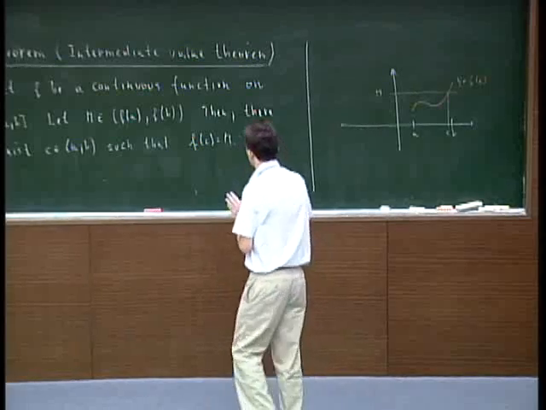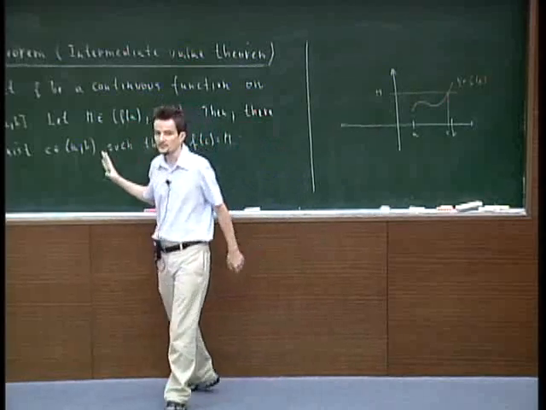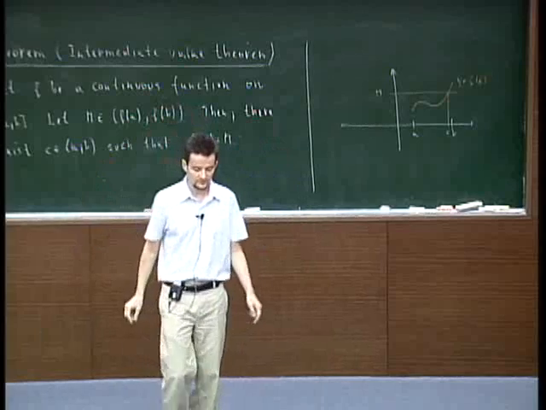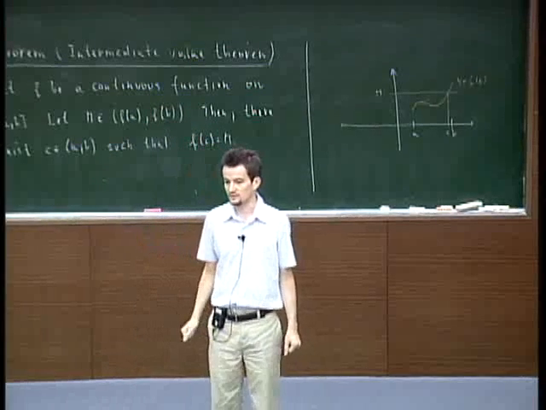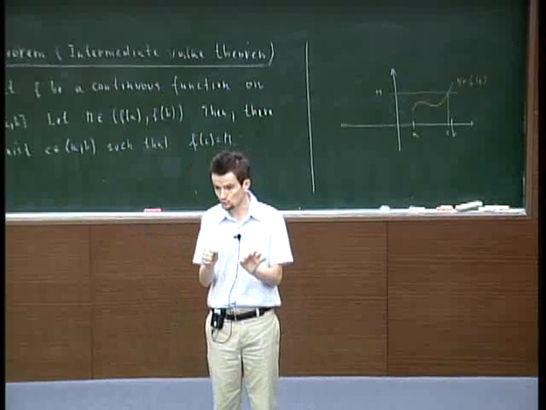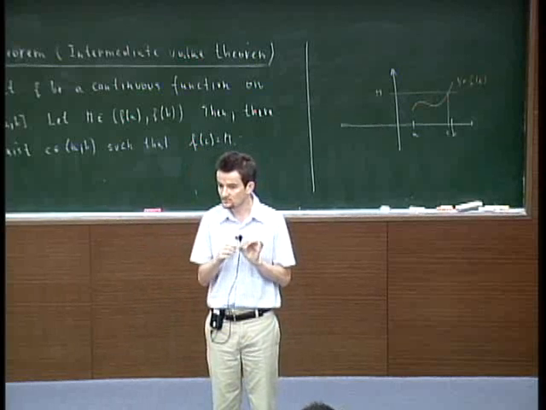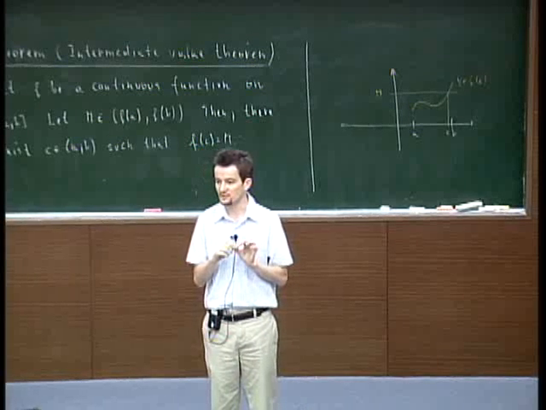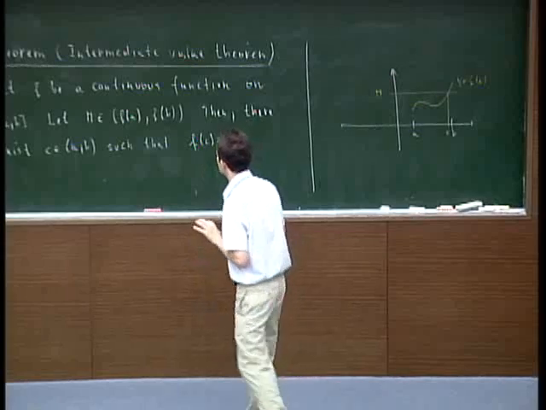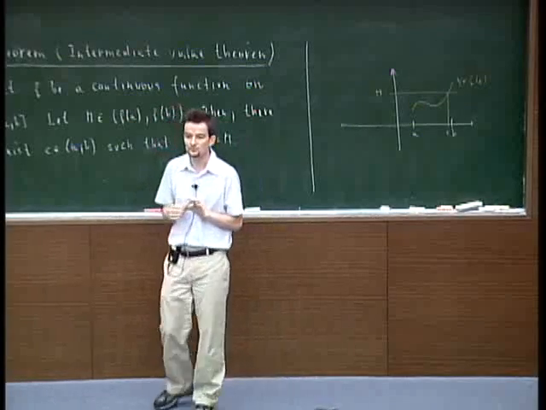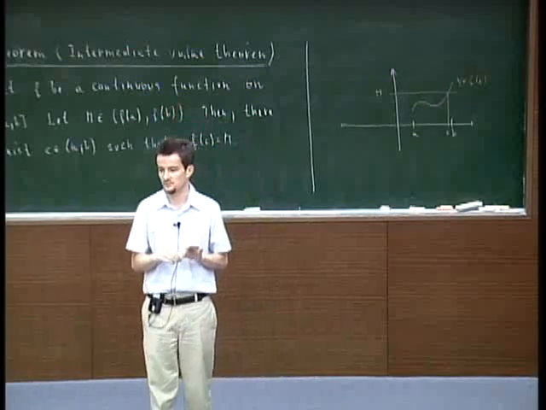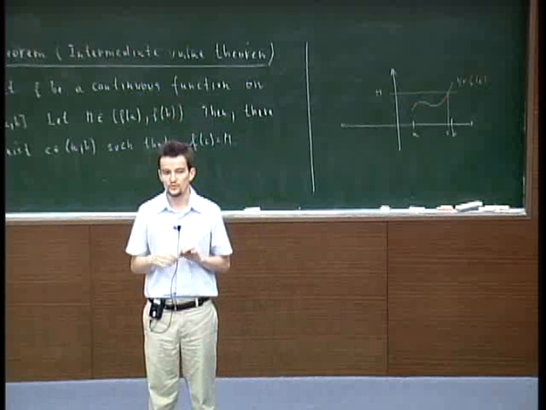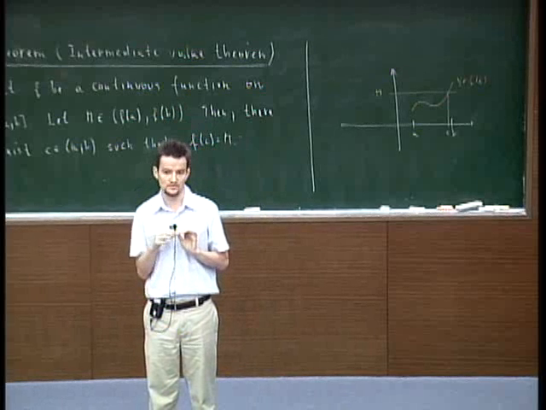Now, as I said, if you see this result for the first time, it looks like a trivial result. The reason is that in high school someone told you that a continuous function is a function where you can plot the graph without lifting your pencil. But actually this theorem tells you that this is true, starting from our new definition. Now we are not able to prove this theorem.